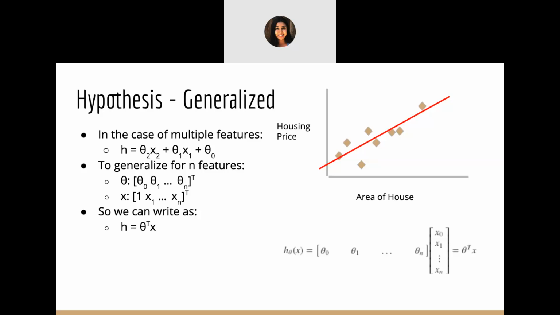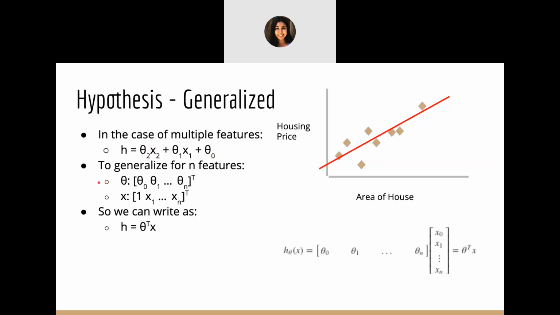We might have another feature, such as the rating of the school district or closest distance to public transportation. So that would increase the number of features. In the case of multiple features, like the ones I just mentioned, we would have another theta value in front of that feature. And that would make our hypothesis function a little different.